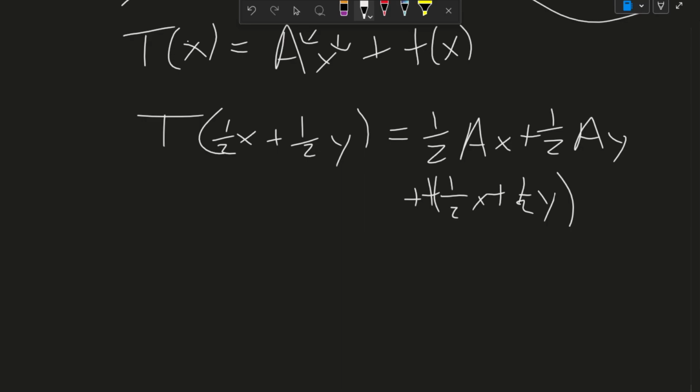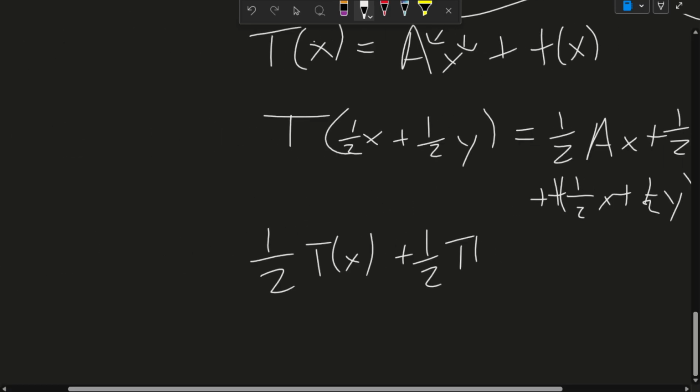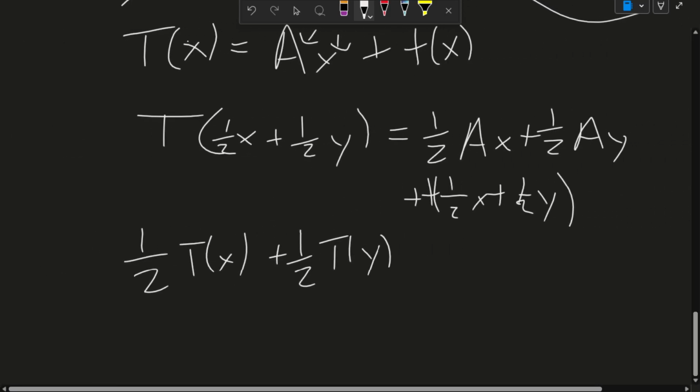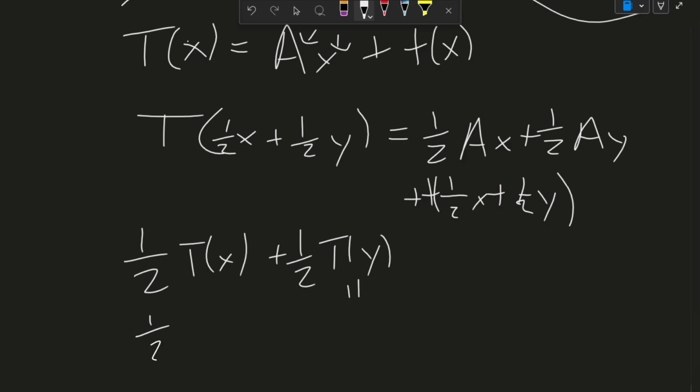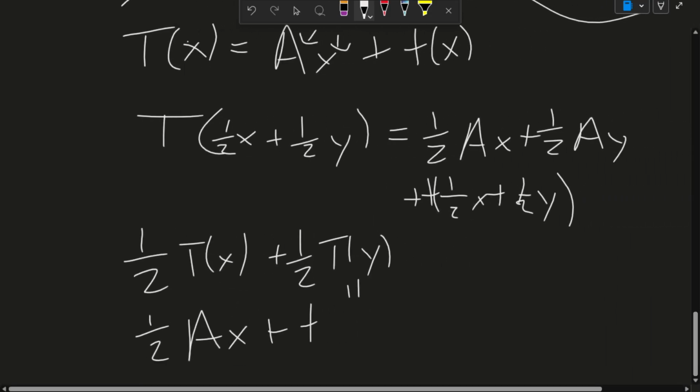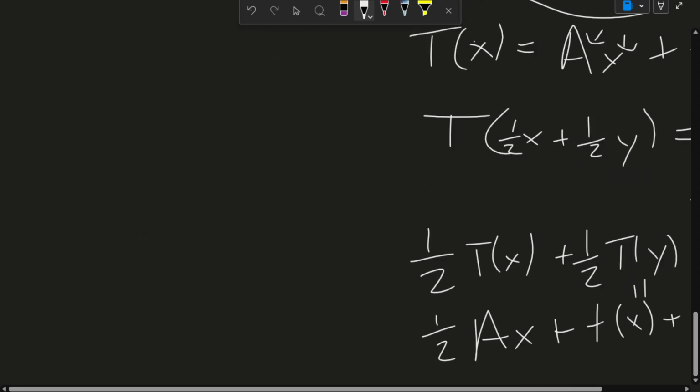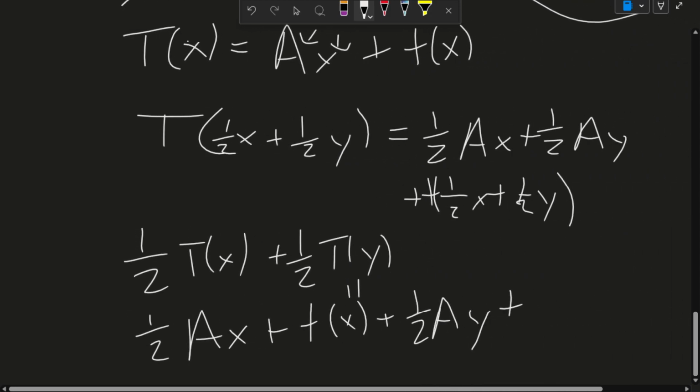And if I assumed this distributed, if I wanted to know what 1/2 t of x plus 1/2 t of y would look like, then this would be equal to 1/2 ax plus t of x plus 1/2 ay plus t of y, right?